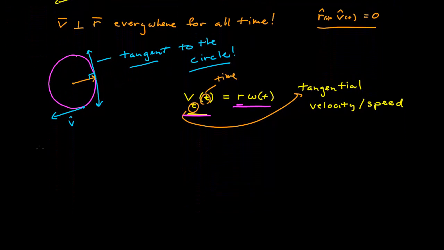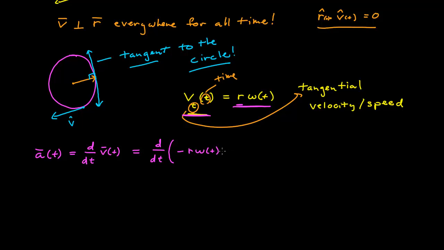Next, we want to take a look at the acceleration, a as a function of t, which is given by our fundamental definition to be the derivative of the velocity as a function of time. Okay, so this now gives us good practice with our rules of differentiation, because now we have the product rule, the sum rule, and the chain rule all at the same time.